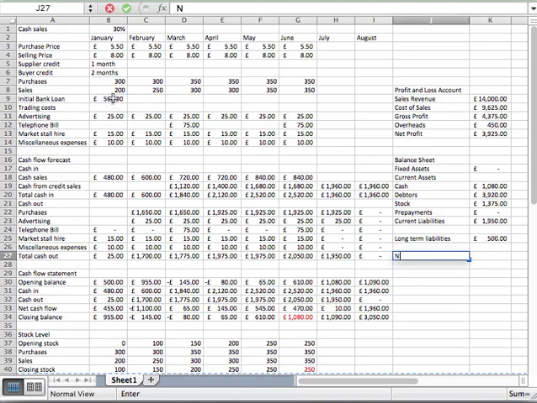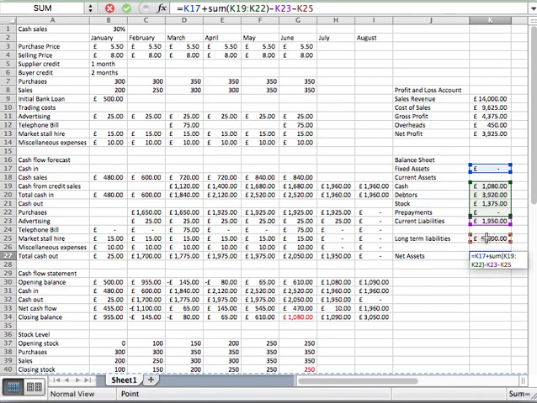So now we have our net assets, which equals the fixed assets plus the sum of the current assets, those 4, minus the current liabilities, minus the long-term liabilities, 3,925. Now, a balance sheet balances, that's our net assets.